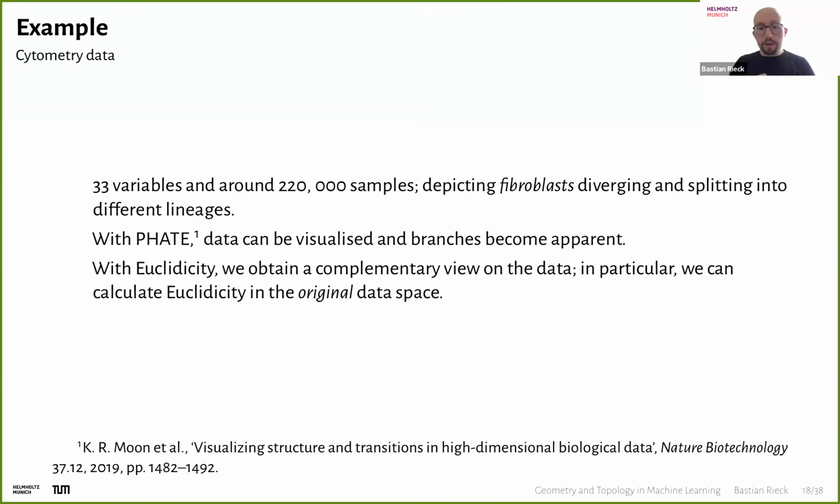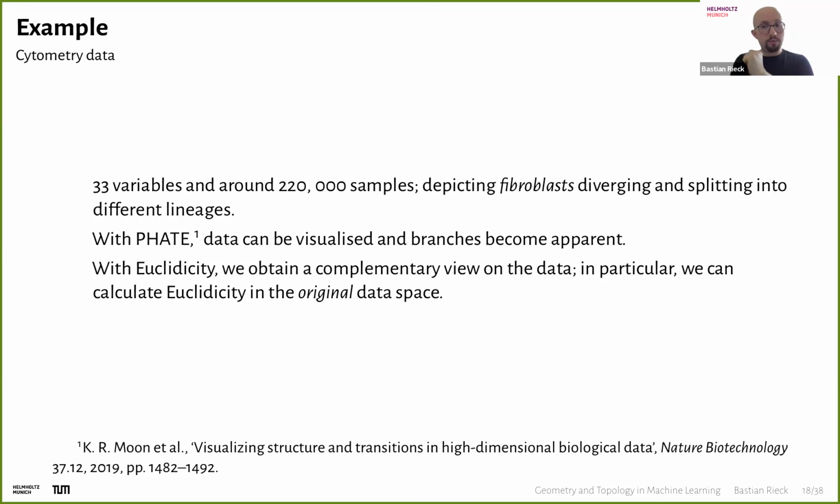Now, where can we use this? Let me give you an example. This is something that I care about because we're trying to look into new kinds of life sciences examples, and we try to figure out whether high-dimensional embeddings actually make sense for these data sets. And of course, since this is an unsupervised task, this is not really easy to solve. Here we have a very simple cytometry data set.